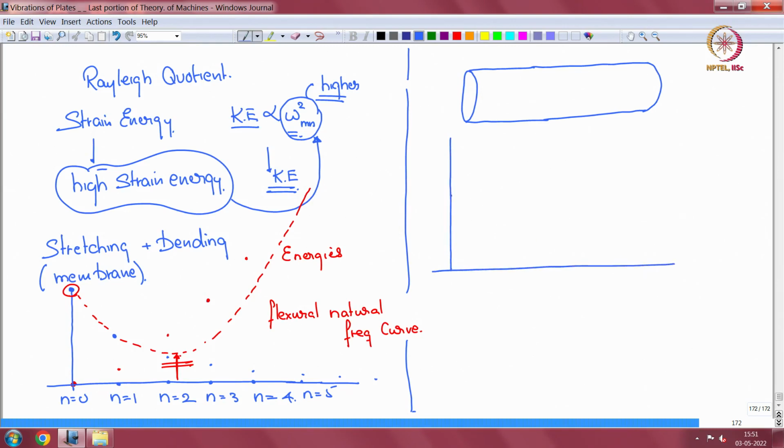You will start off somewhere here, then there is a very shallow dip. That means the dip lasts for a long time and then starts to rise. This is n equal to 0 and this is m equal to 1. You have two indices.